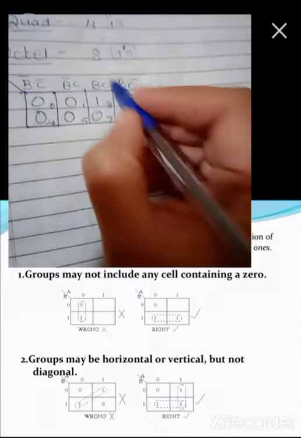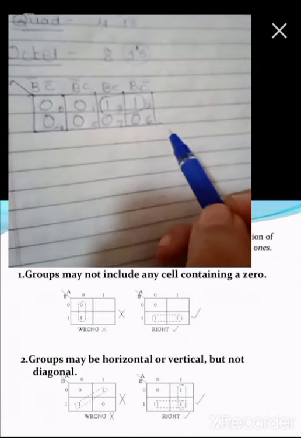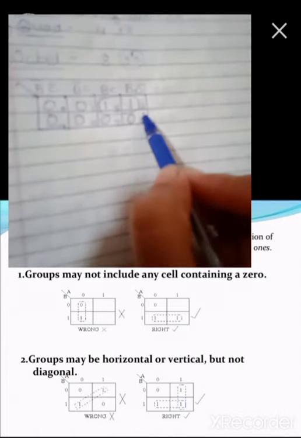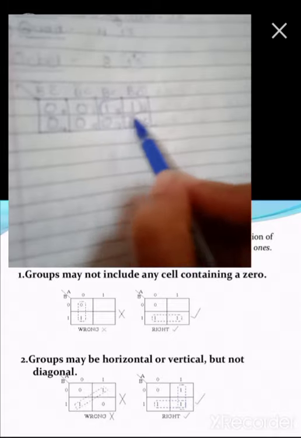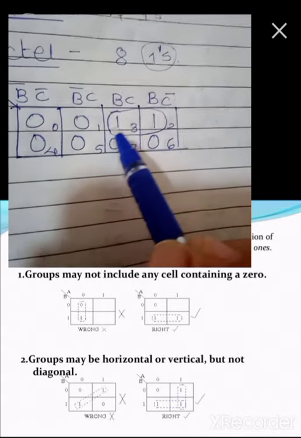Now how to solve the equation? First make the grouping of these ones. What do you have to do? Grouping, first of all. So what do you see here? This K-map contains this one and this one. So you have to make the pair of these two ones, and you have to write down the equation for this one. Now how to write down the equation?